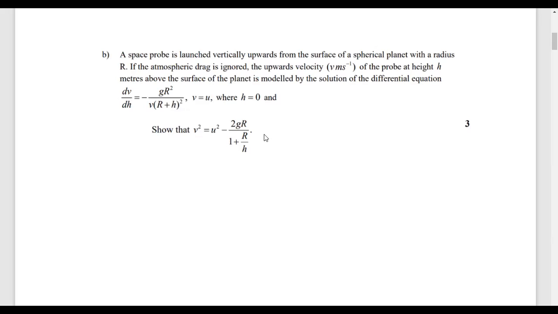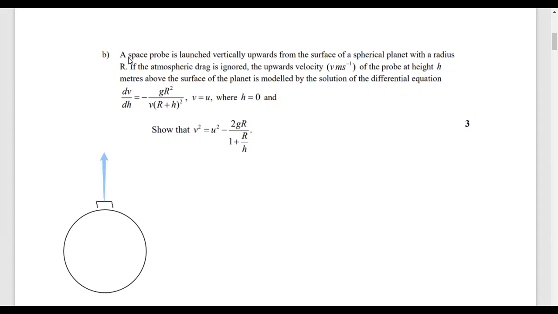Okay, so take a look at what you have and have a little bit of a drawing. We've got a space probe launched vertically upwards from the surface of a spherical planet. You've got a planet, which is a sphere, and a probe of some description, and we're launching it upward.